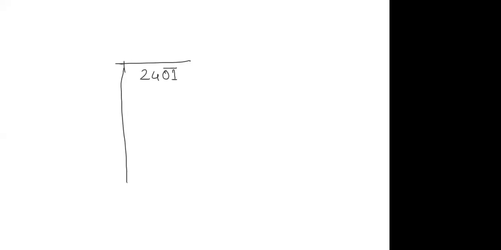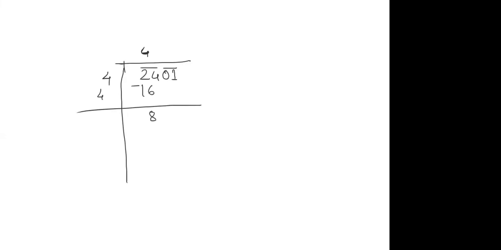Now, when I do it using division method, I make the group of 2 digits from right side. So 0, 1 and then 2, 4. I have to find out square number which is close to 24 but less than 24. 5 5s are 25, which is greater than 24. So I cannot use 5. I'll use 4. 4 4s are 16. I'll subtract this. I'll get 8.